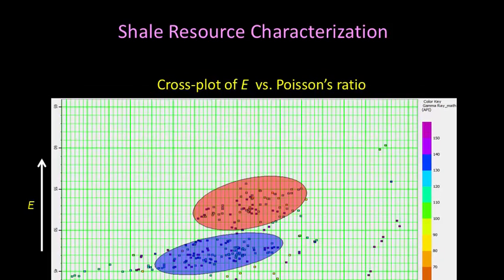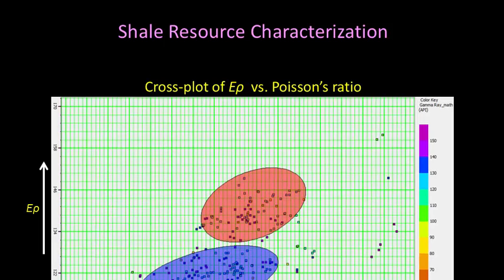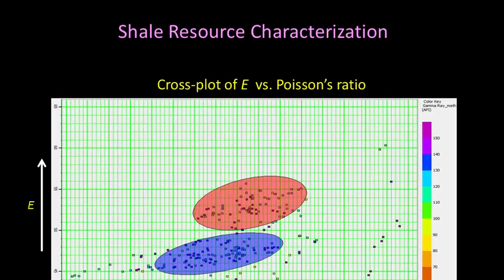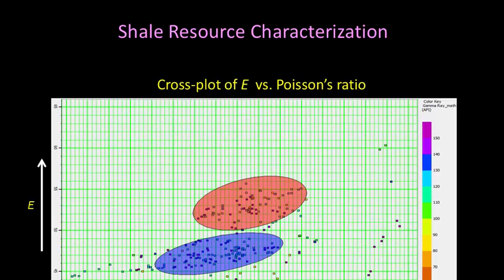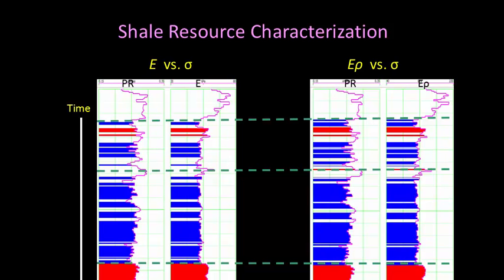Now you can pick up these points just at random, or if you have some preference for picking up a cluster here or whatever, you can pick them up here on E-rho versus Poisson's ratio, or E versus Poisson's ratio, and back project them. As you see here, Poisson's ratio and E curves are given. Back project, they are highlighting almost similar zones.